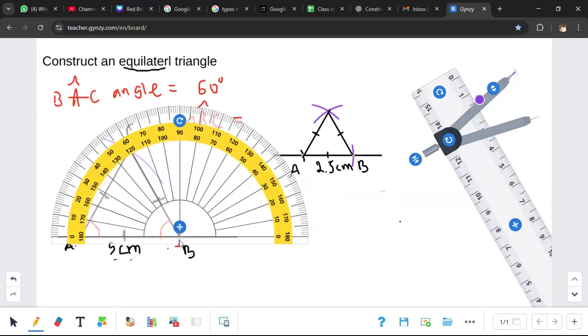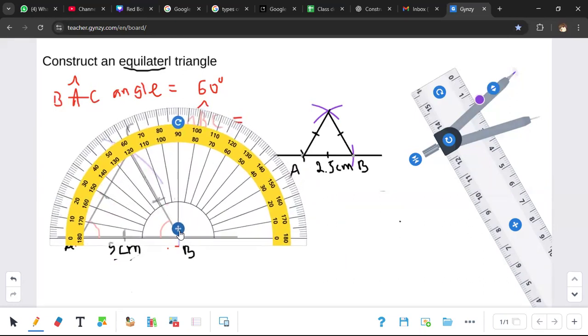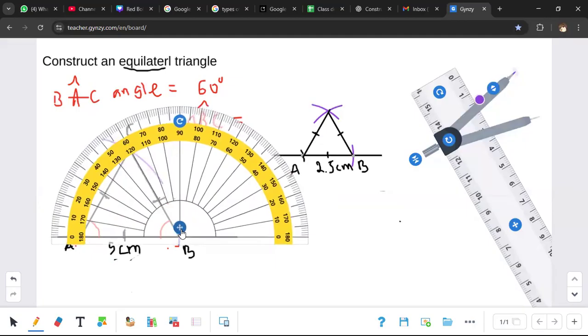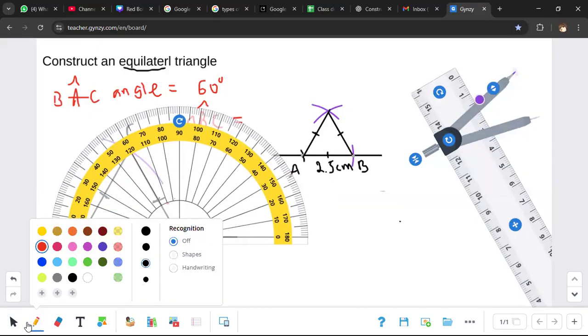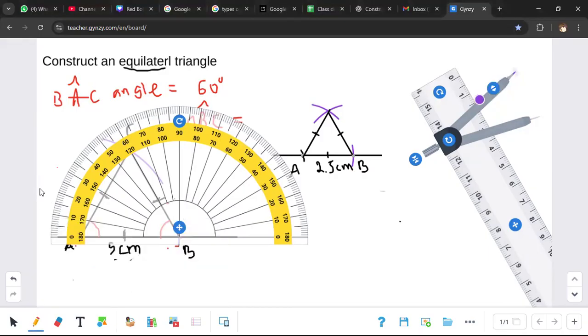Right? This intersection point should be on the point B. Right? Like this. Then, where is your zero? This is your zero. Right? 0, 10, right?